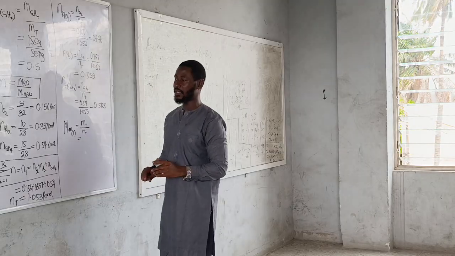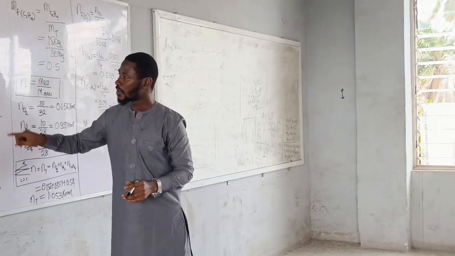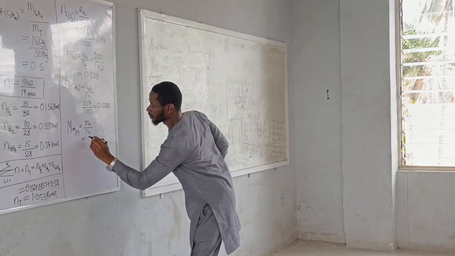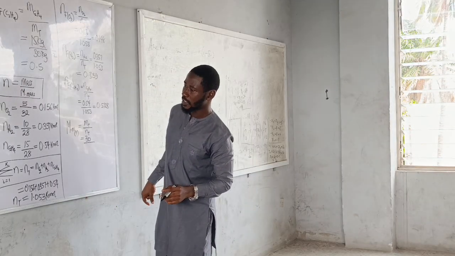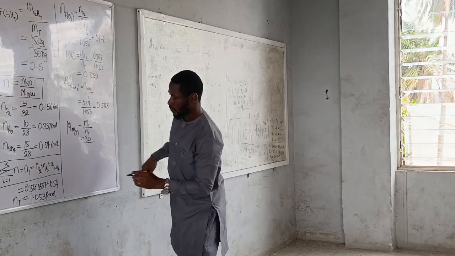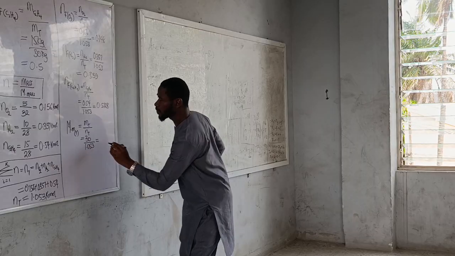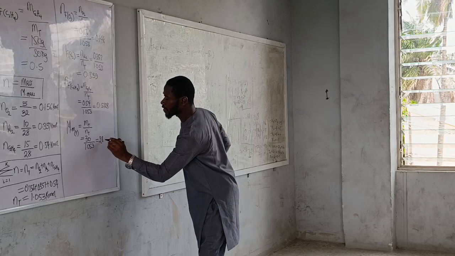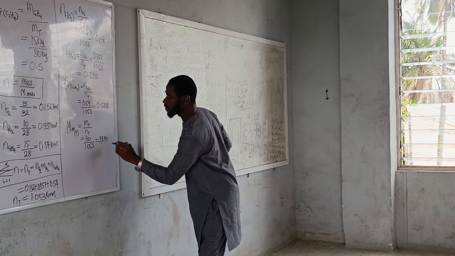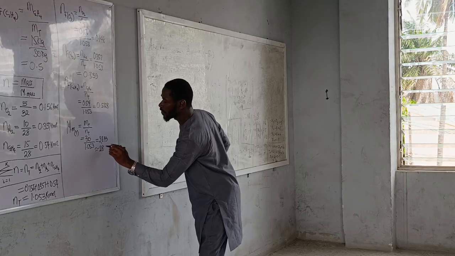And the total mass is given as what? 30. The total number of moles is given as 1.053. So when you divide this expression, what do you have? 28.49, which is approximately 28.5.